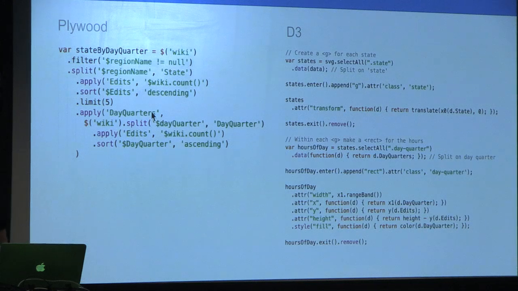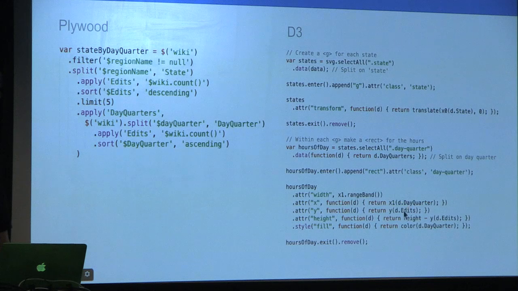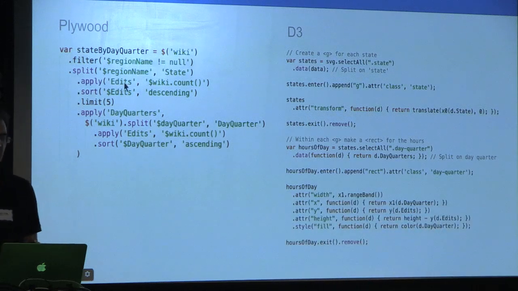After running this, it spits out a data structure that, like d3.nest, has a state and a quarters and a day quarter. It's the same thing as d3.nest, except you can name these things something other than keys and values.